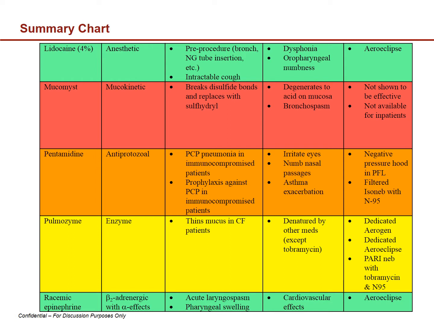Medications on an orange background are also available but require greater care to administer safely. Finally, those medications listed on red backgrounds are not available for routine nebulization at SHC, despite possibly being used at other facilities. The last column of red labeled medications gives the reasons why that medication is not available at SHC.